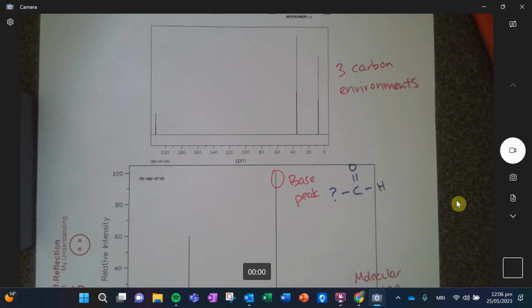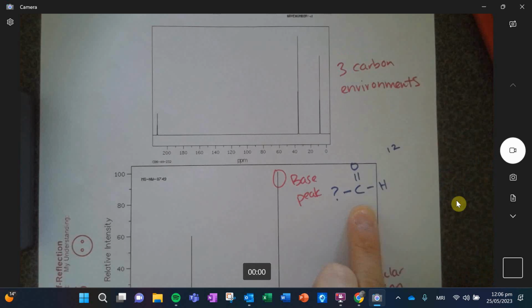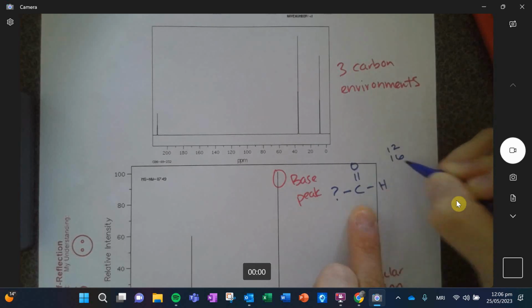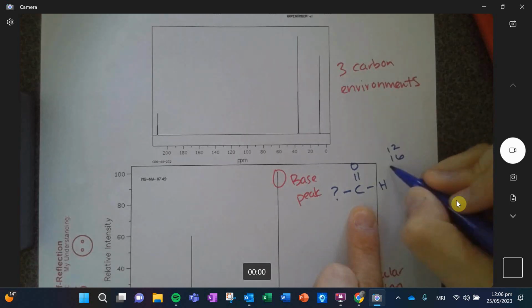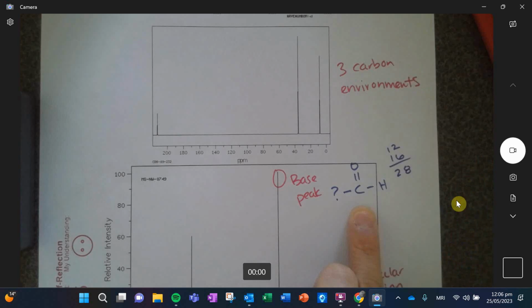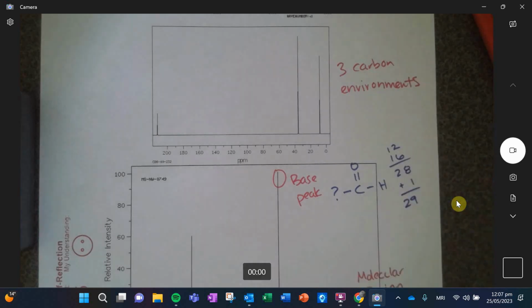If I was to do the math here, carbon has the atomic mass of 12. The oxygen is 16. Not atomic number, atomic mass. If I add that together, we are currently at 28. Then we add the 1 hydrogen, so I'm at 29. That is my starting mass.